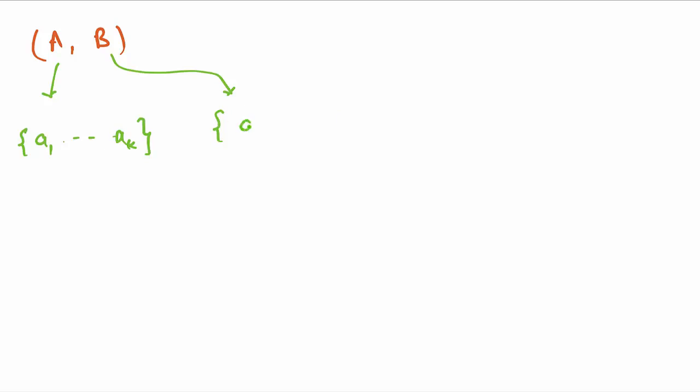Okay, let me explain it a bit more clearly. See, suppose that there is one pair A comma B, and we need to find out how many such pairs exist. Suppose in general A might be having k elements, A1 to AK, some k elements. It need not be in the order of A1 to AK, but I'm just saying some k elements. And in this case B has to have these A1 to AK. And what about the remaining n minus k elements? For these n minus k elements, B may or may not have them, right?